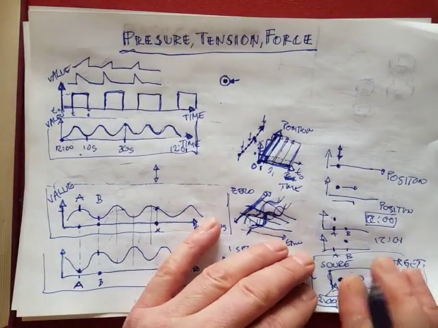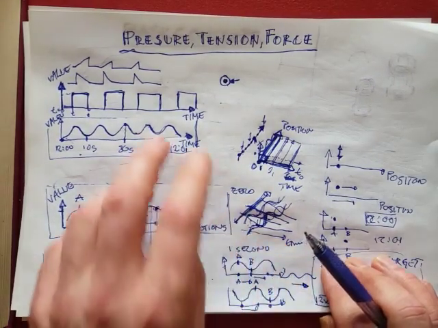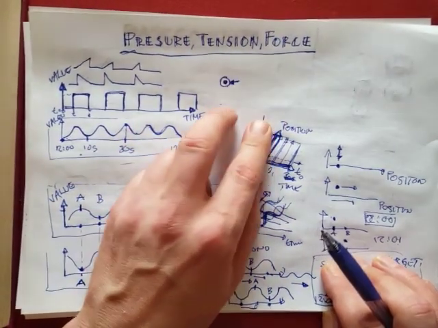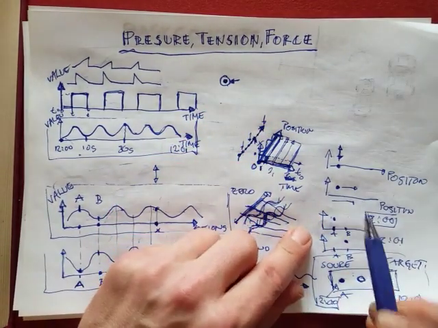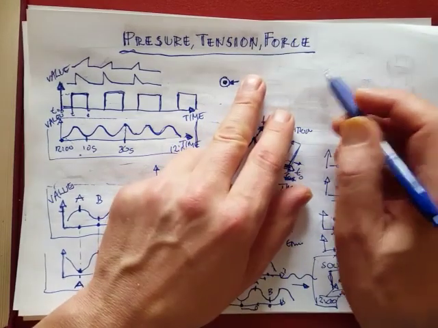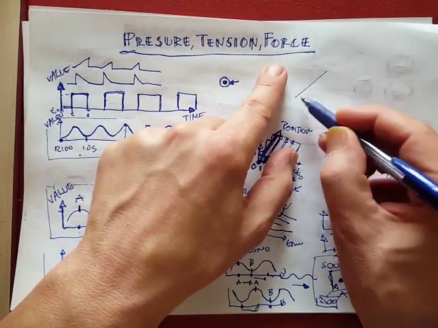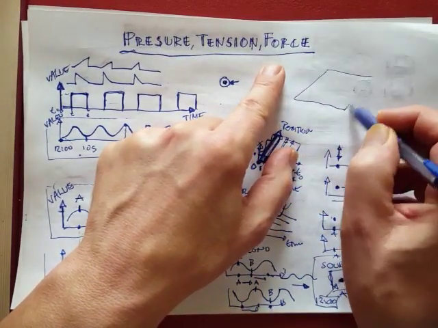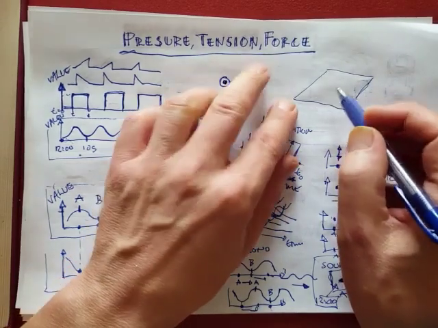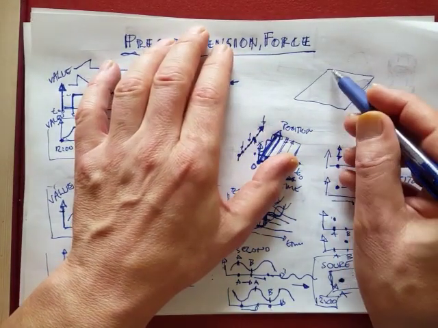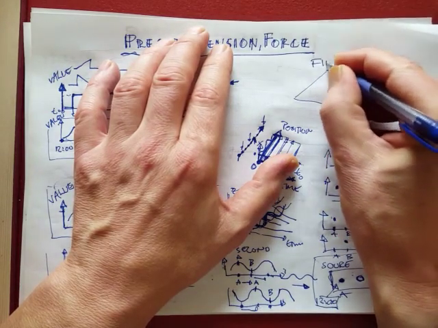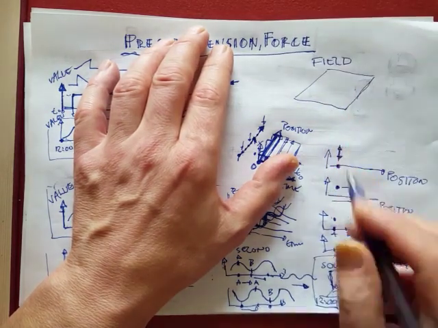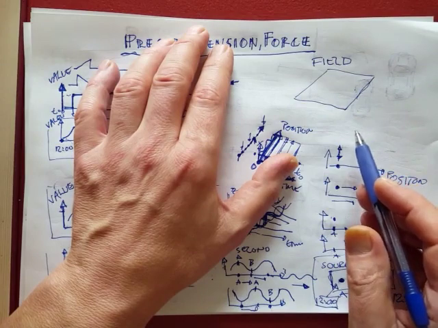I'm going to leave that then, coming back to the pressure, tension, and force again. So what we can think about a point in space is that it is a field where every point is defined. This is a field. Every point in space is defined.